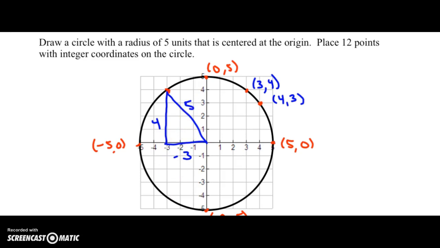So it looks like we have some points in the second quadrant also. We have the point negative 3, 4, and the point negative 4, 3.